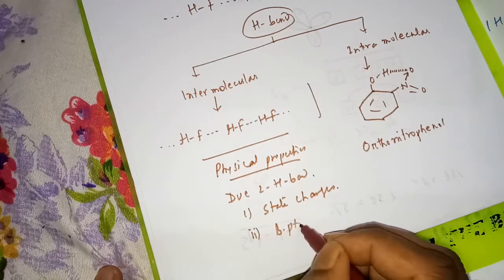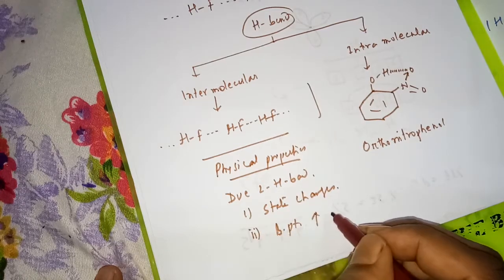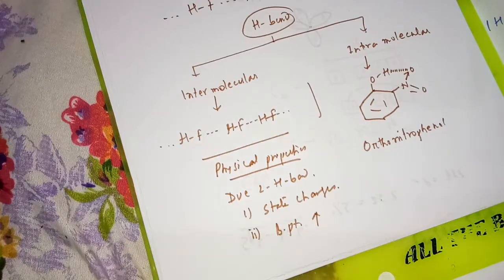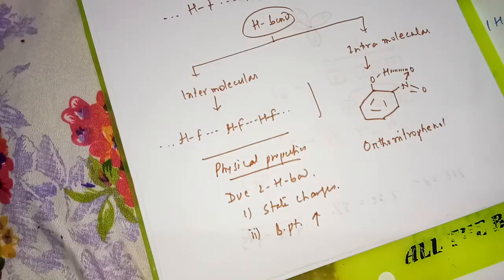Second point is the boiling point becomes high due to hydrogen bond. For example, due to hydrogen bond, the boiling point of ammonia, HF, water is more than the other hydrides of their group.